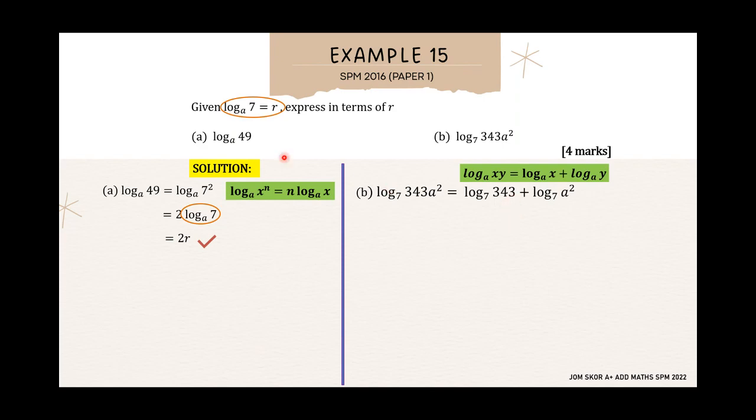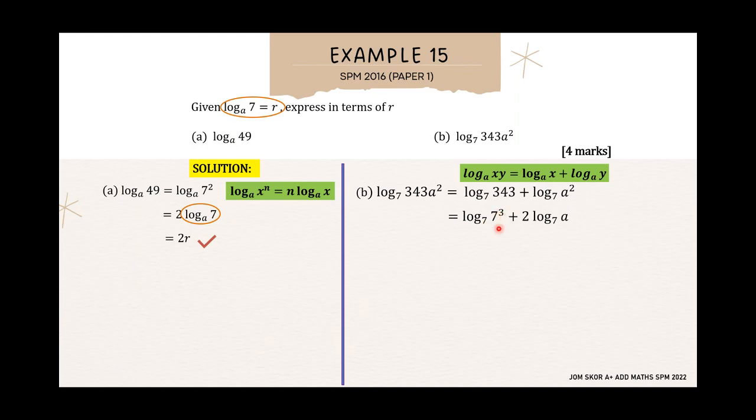Sekarang, balik kepada information yang diberi. Dia bagi kita dalam bentuk ni. So kita ada log 7 to the power of 3 base 7. Macam mana kita dapat 7 kuasa 3 tadi?